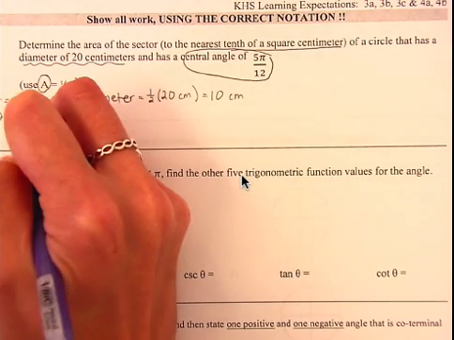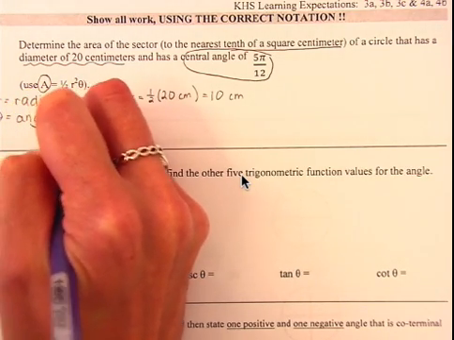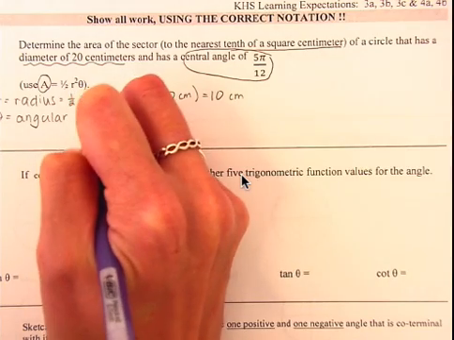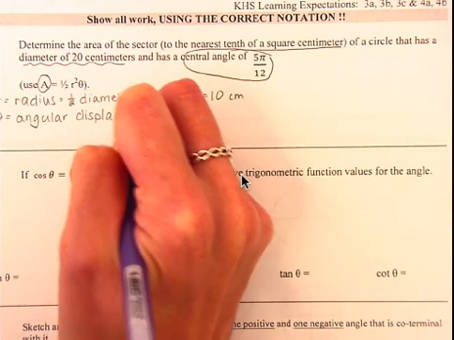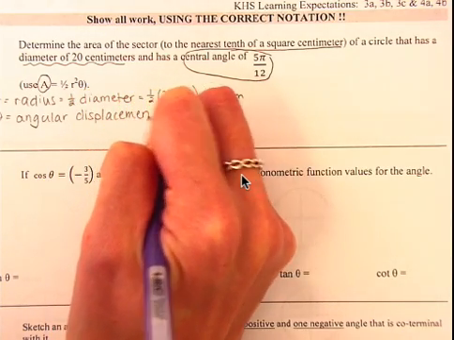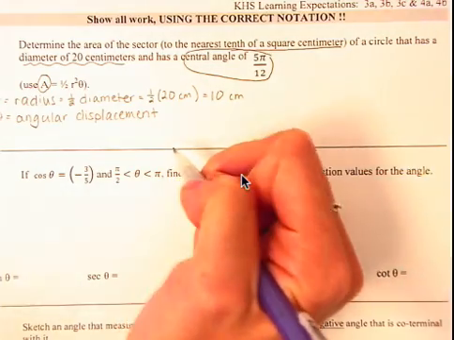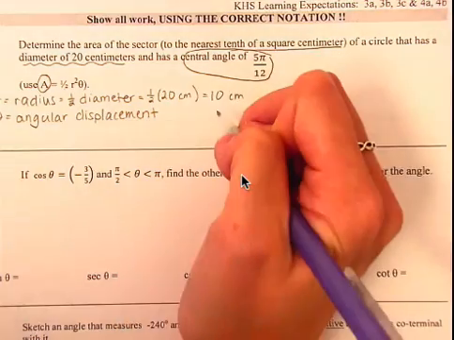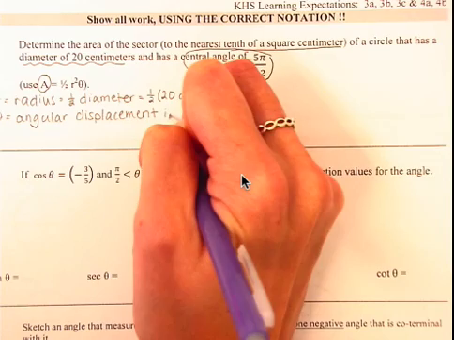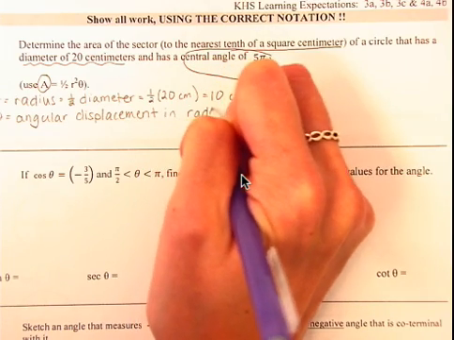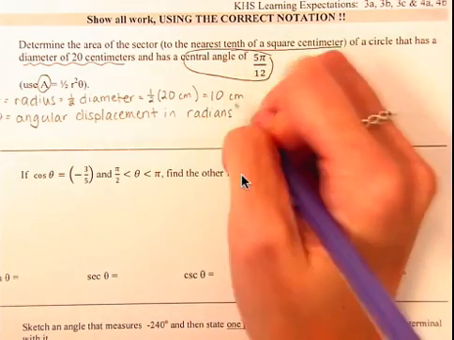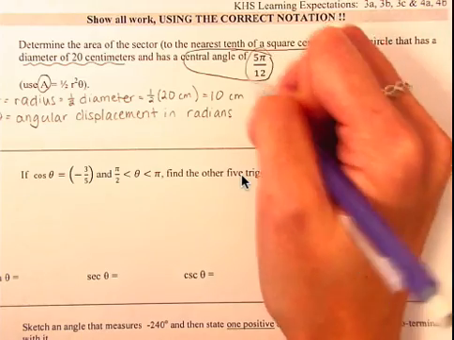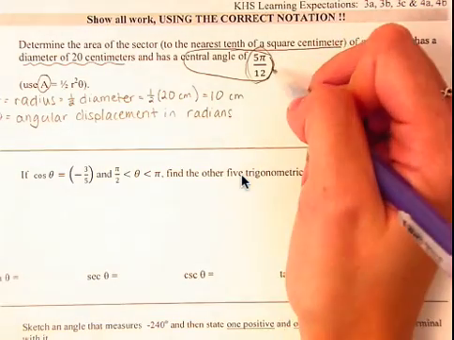Theta is the angular displacement, or the distance that I traveled around my circle. And you want that in radians. If we look at this right here, 5 pi over 12 is already in radians.